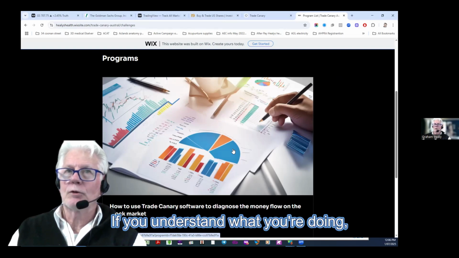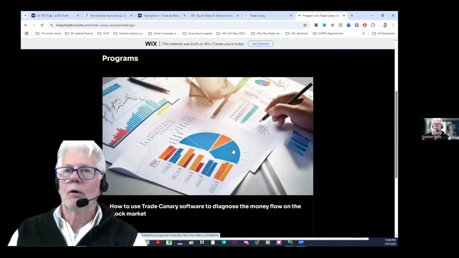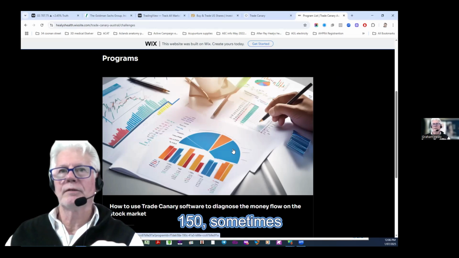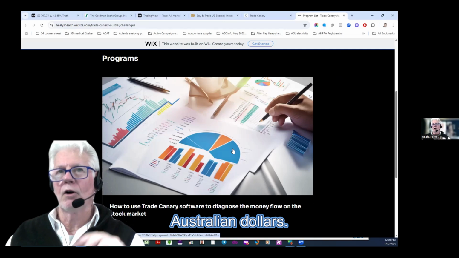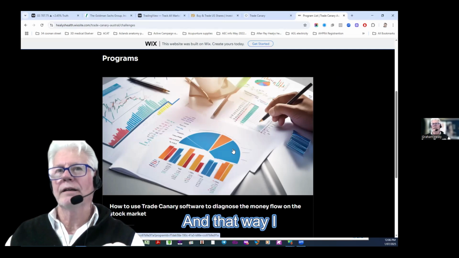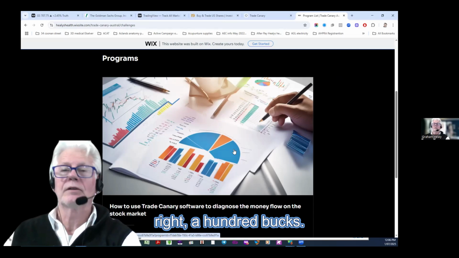If you understand what you're doing, there's what you call limited risk. All the trades that I do are limited to 120, maybe 150 sometimes, Australian dollars. I'm not doing any more than that. That's 10% of 1,000, right? $100.